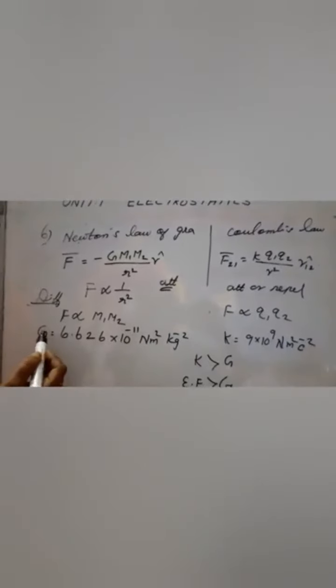The gravitational force between two masses is always attractive, but the Coulomb's force between two charges can be attractive or repulsive, depending on the nature of the charges. The gravitational force is directly proportional to the product of the two masses, but in Coulomb's law, the force is directly proportional to the product of the two charges. This is the first difference.